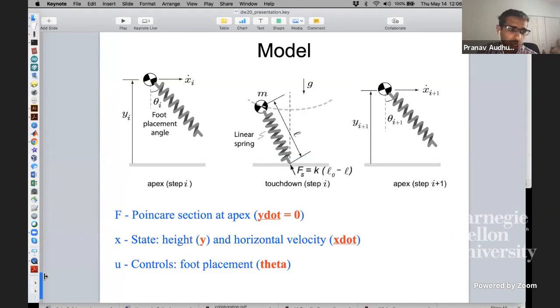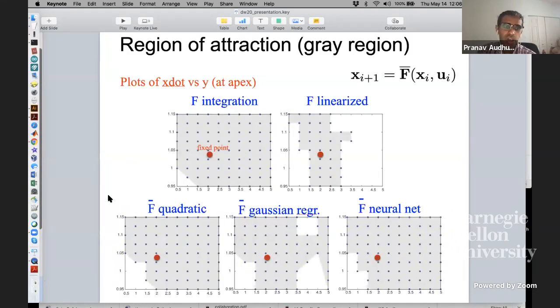I'm going to show 5 plots here, but let me start with this plot, F integration. This is a plot of x dot on the x-axis and apex height on the y-axis. These are all initial conditions from which you start the optimization and see if the robot falls or doesn't fall after 5 steps.